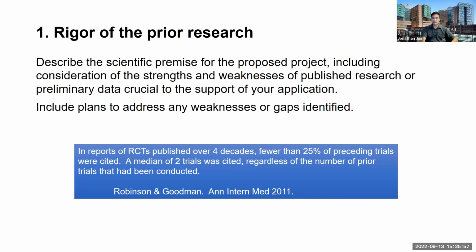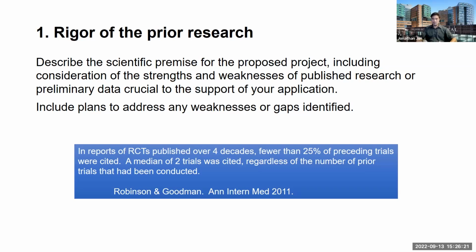Describe the scientific premise, that's that word again that they used to use, for the proposed project, including consideration of strengths and weaknesses of published research or preliminary data crucial to support your application. Then talk about the gaps and weaknesses in the existing literature. What's the problem? Why does your work need to be done?